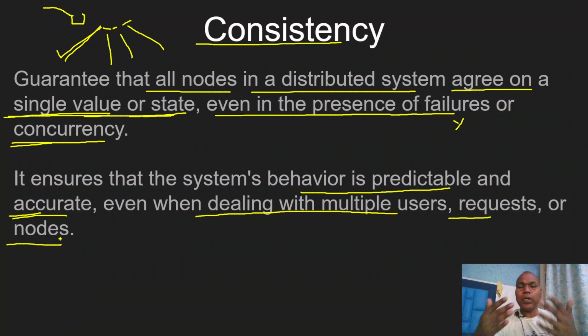Concurrency means multiple users at the same time, on different nodes and different servers, fetching your data. If something changes on the backend or some request modifies it, it is our responsibility to ensure that the latest, updated value is available everywhere across the distributed system from where users are going to read.